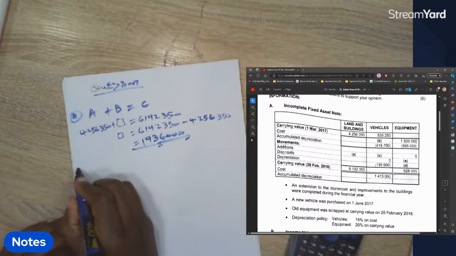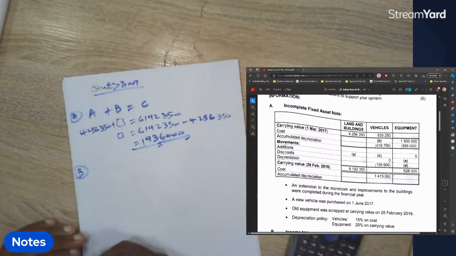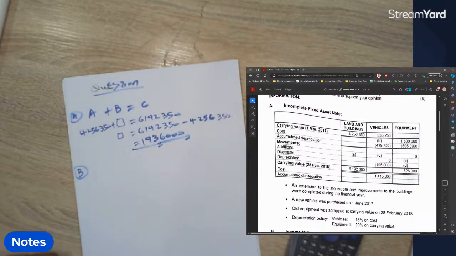How do you get B? B is here, it's the base, it's a cost price, yeah, the cost price of the vehicle, right?